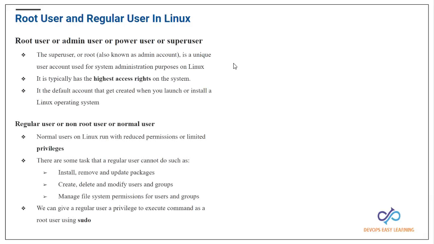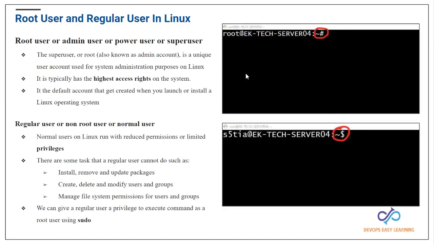And when you are logging in, let us see in terms of logging in. When you log in as a regular user, you are going to see a $ sign in front of your prompt. And when you log in as a root user, you are going to see a # sign in front of your prompt, right? As a regular user, you basically have limited permission.